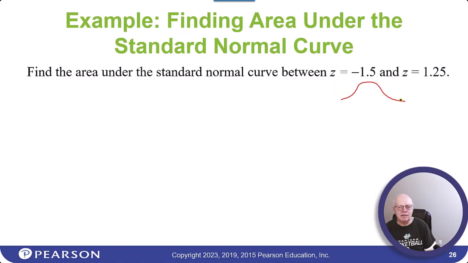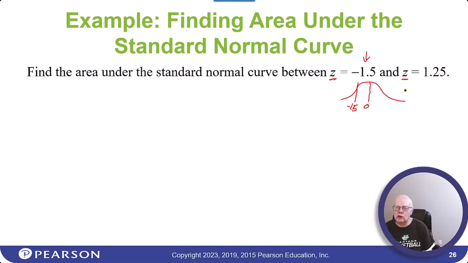Draw that curve. Doesn't have to be terrific. 0's in the middle because we're talking about z's. We'll have others later, but we're sticking with z's for the time being to make it easy. Now, where do we want to go? We want to start at negative 1.5. That'll be over here somewhere. We don't care, we just want a pictorial representation.